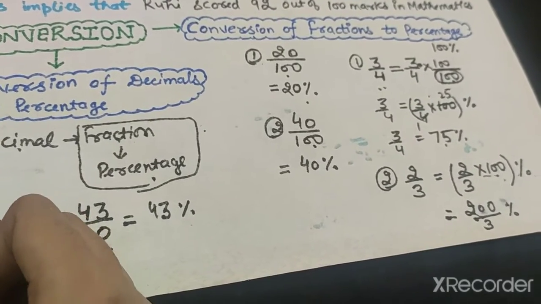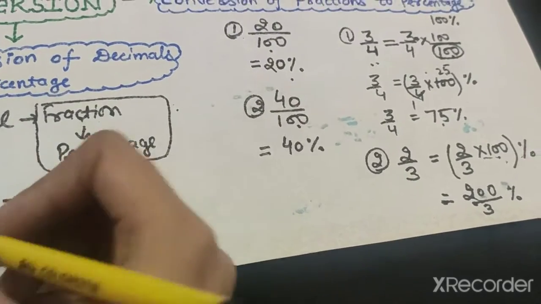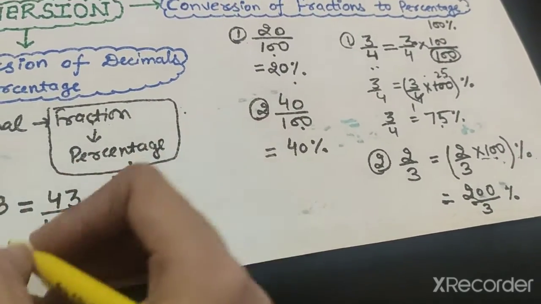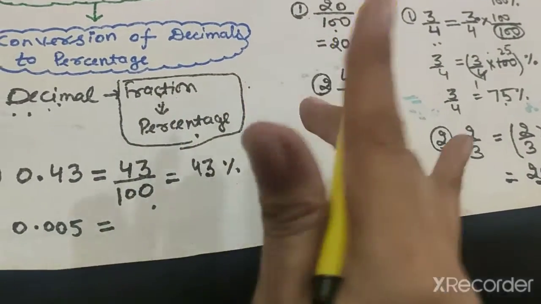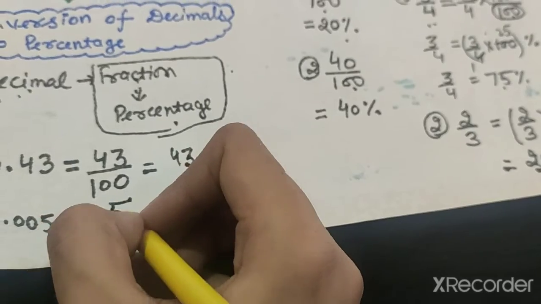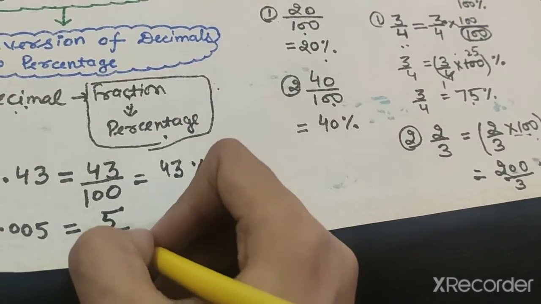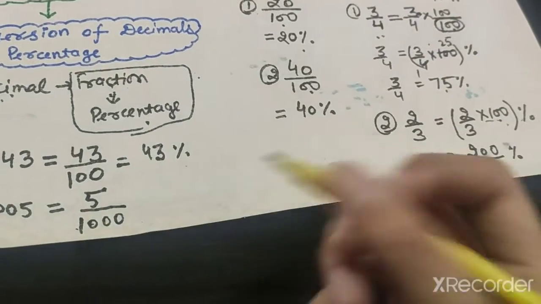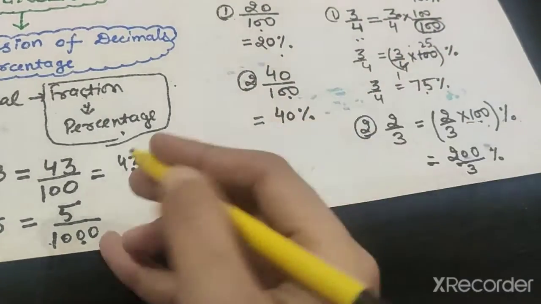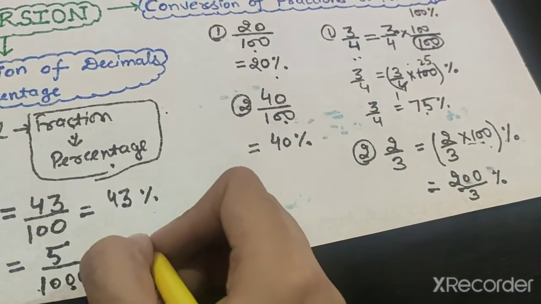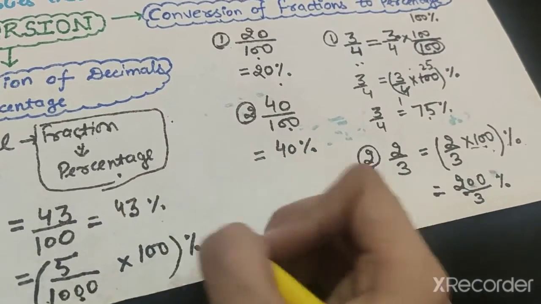Let us look at one more example, one more decimal number. For example, 0.005. Go to the first step, convert decimal into fraction. When we convert it, it will be 5 by 1000. Now the denominator is other than 100, so we will go by the rule: multiply that fraction with 100 and write down the percentage sign with the answer.